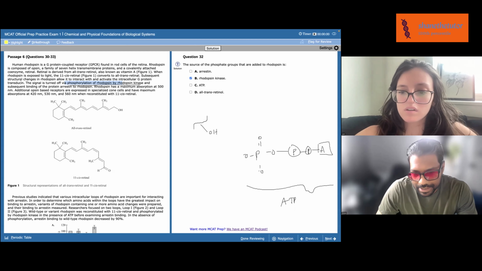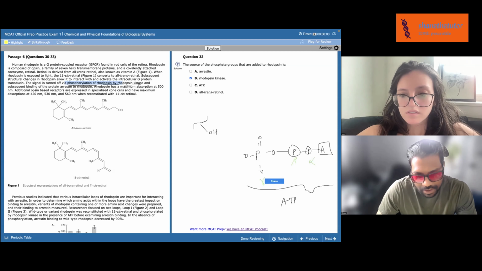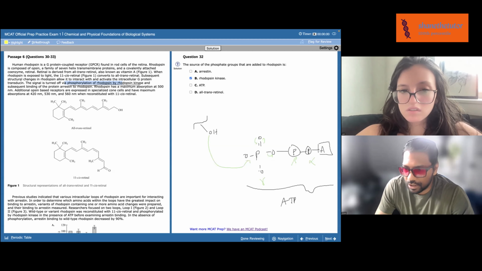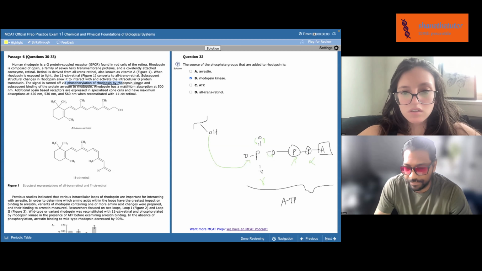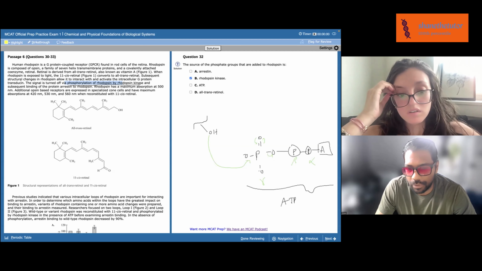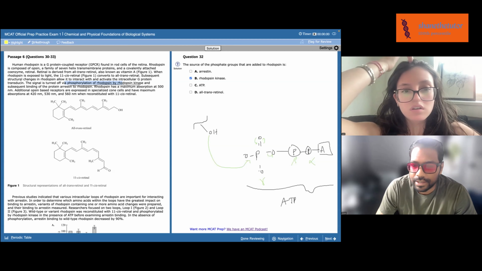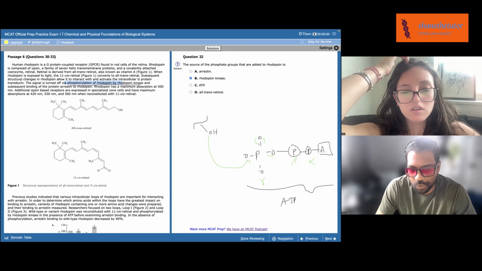And this is the alpha phosphate, the beta phosphate, the gamma phosphate. You remember this? And then this attacks here, moves here, comes back, breaks this off. So with kinases you want to know all of this because it's super high yield. You'll always see something asked about this. So what kinases do is they transfer phosphate groups with the assistance of STY.